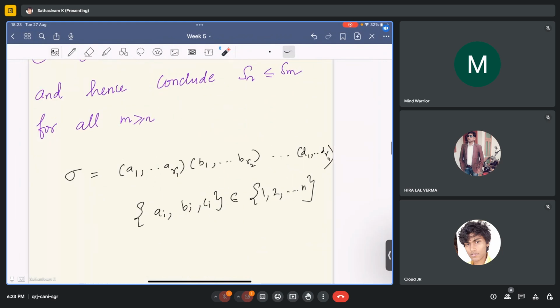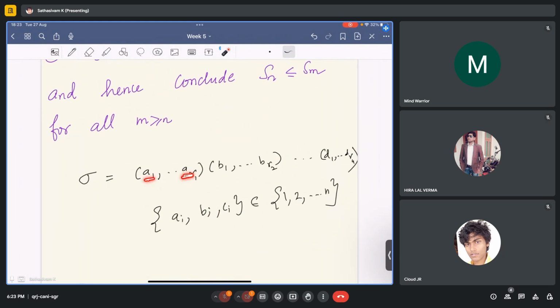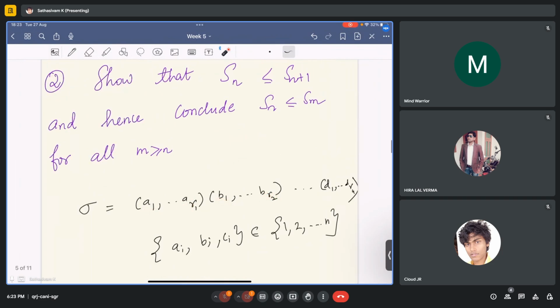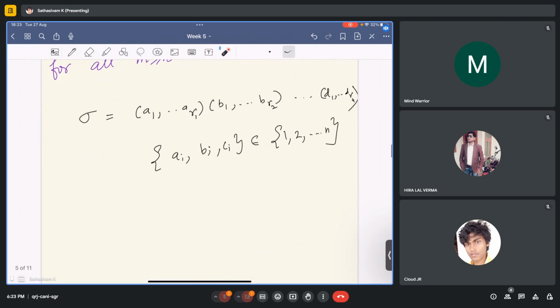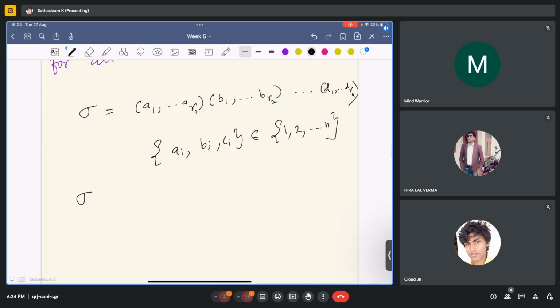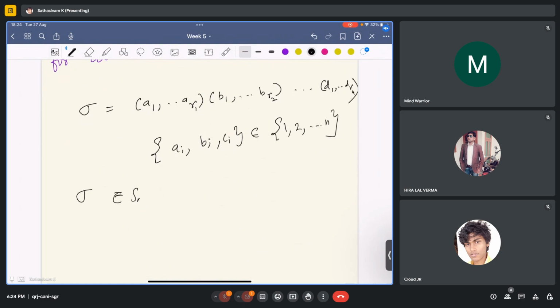Now you observe that all of these elements are elements of the set 1 to n, because sigma is contained in Sn. Sn means it's a permutation of n symbols, right? So everything belongs to 1 to n. In particular, you can see this same sigma as inside Sn plus 1.